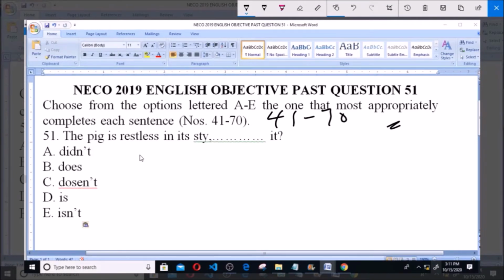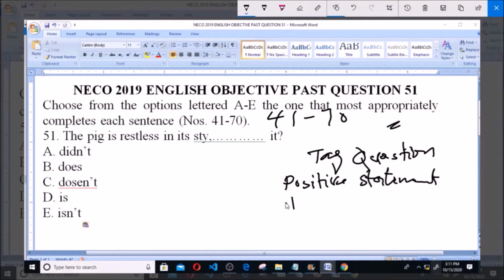This question is from what we call the tag question in English. The rule for a tag question is that a positive statement takes a negative tag.